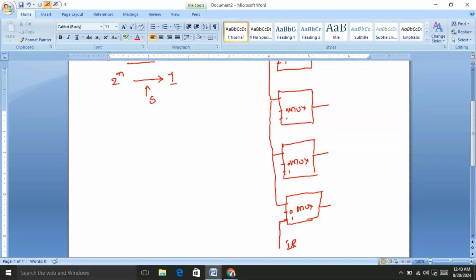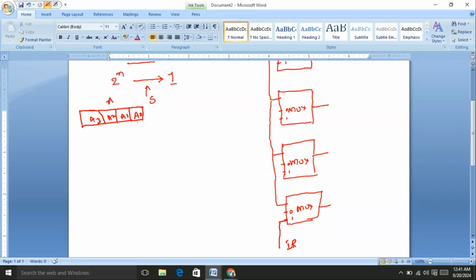I am going to represent it as IR, because we know that the shift operations are performed only on a single register. Let us consider this is the single register A. Then the least significant bit is known as A0, this is A1, this is A2, and this is A3. Here I am going to consider only 4 bits.